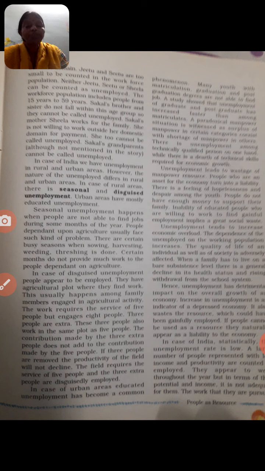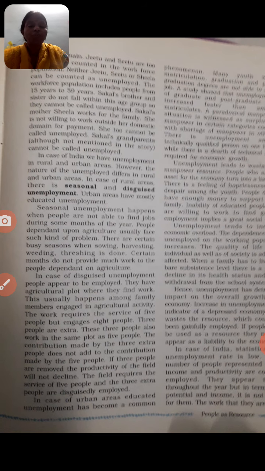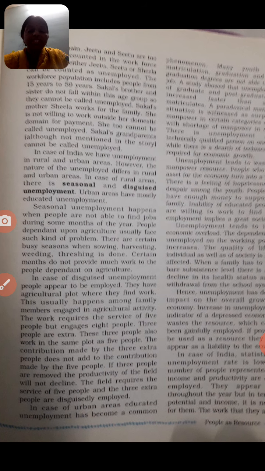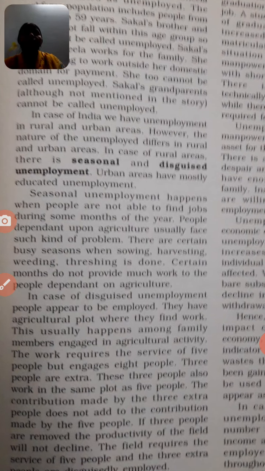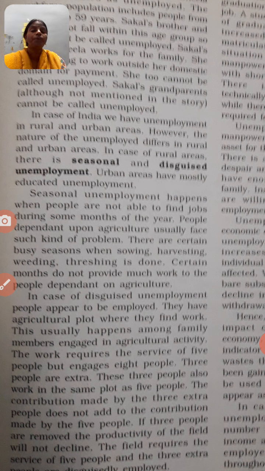However, the nature of unemployment in rural areas is different from urban areas. In rural areas, there are mainly two types of unemployment: the first is seasonal, and the second is disguised unemployment. Urban areas have mostly educated people, and the type of unemployment found in urban areas is mostly educated unemployment.